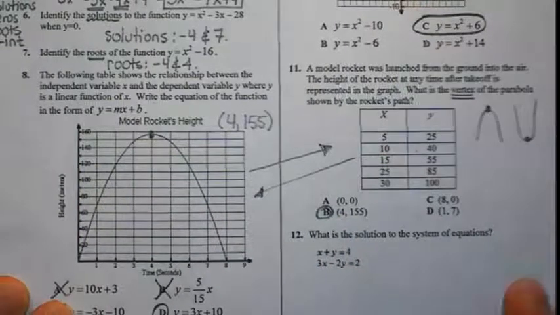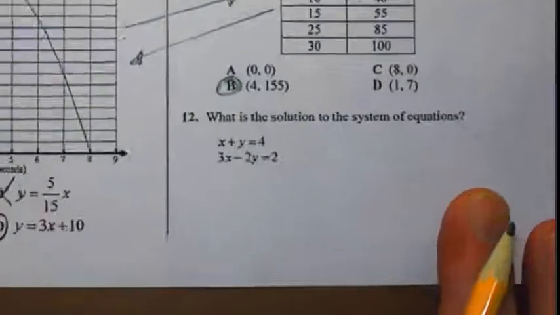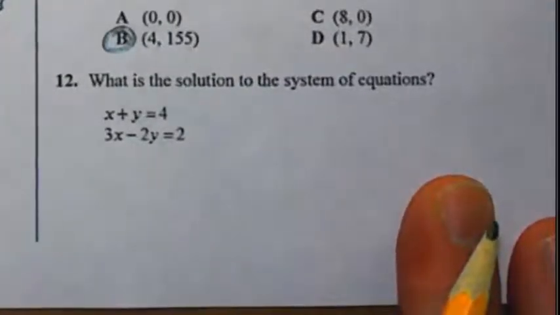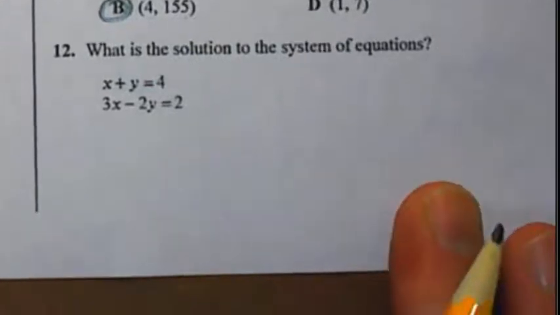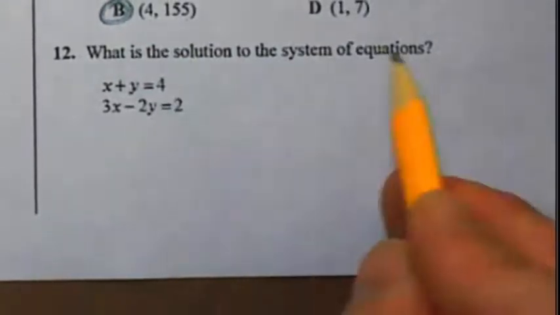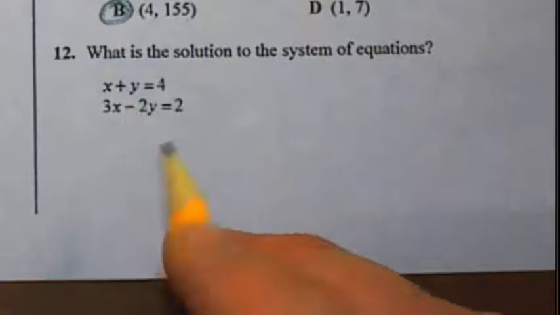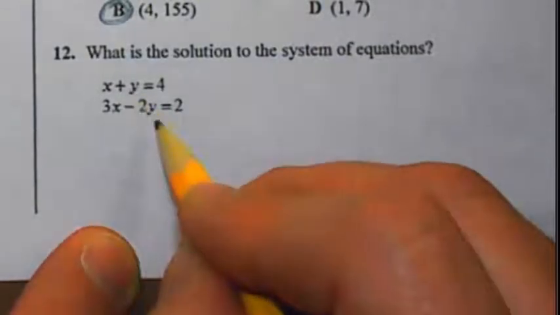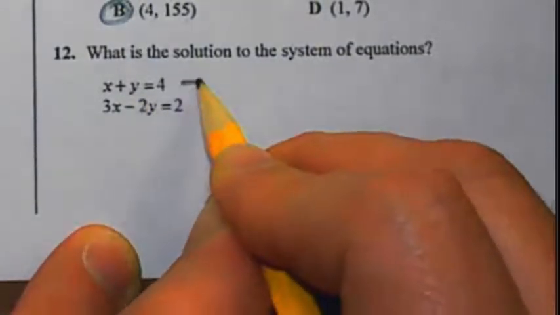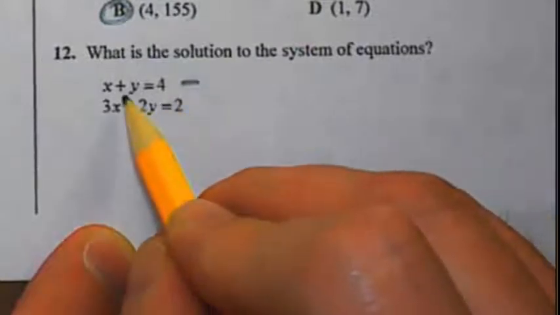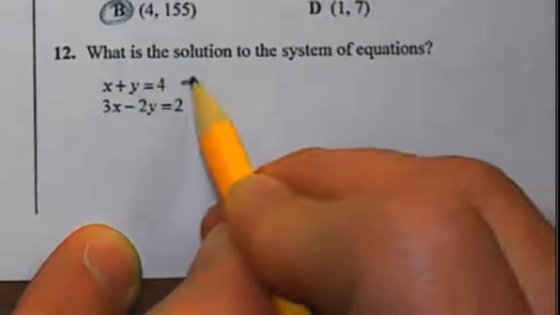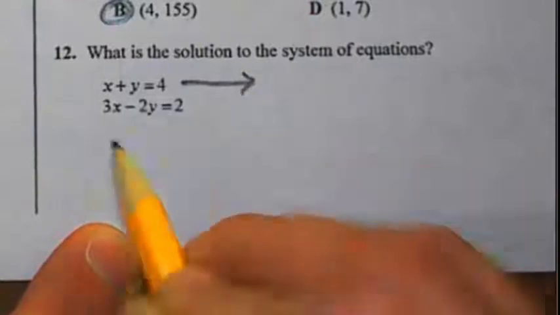Alright. Next question is a system of equations. The problem says, what is the solution to the system of equations? Remember, with a system of equations, you want to cancel one of the letters. It doesn't matter which one. In this case, let's say I want to cancel the x.